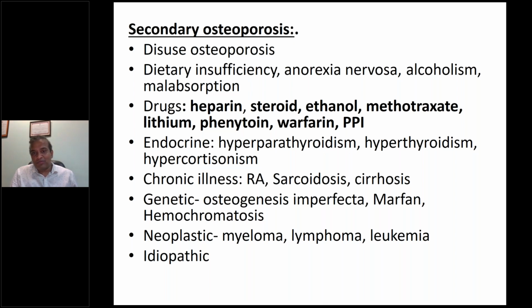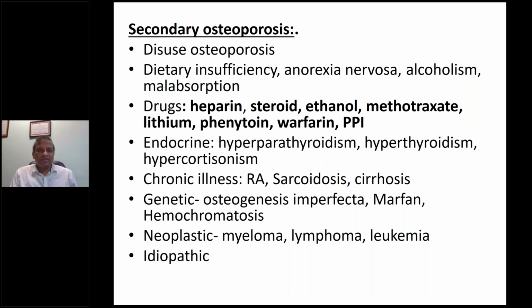That is what we must remember, because we commonly give proton pump inhibitors to patients with pain for chronic therapy, and their calcium absorption is vastly reduced, leading to secondary osteoporosis. Endocrine causes include hyperparathyroidism, hyperthyroidism, hypercortisonism; chronic illness like rheumatoid arthritis, sarcoidosis; genetic issues like osteogenesis imperfecta, Marfan's, hemochromatosis; then neoplastic, or some idiopathic causes.